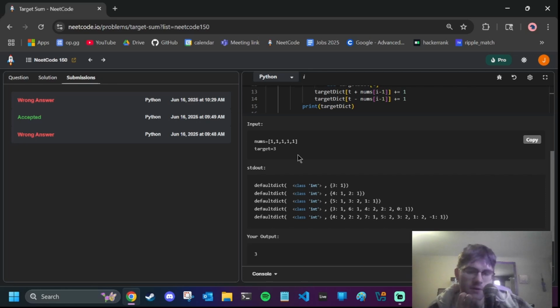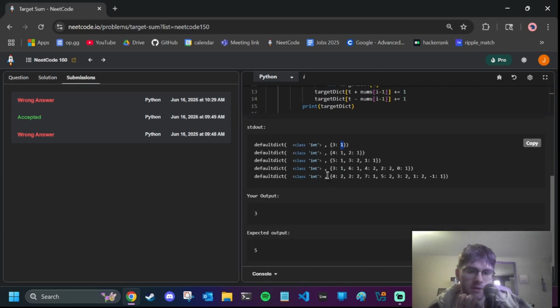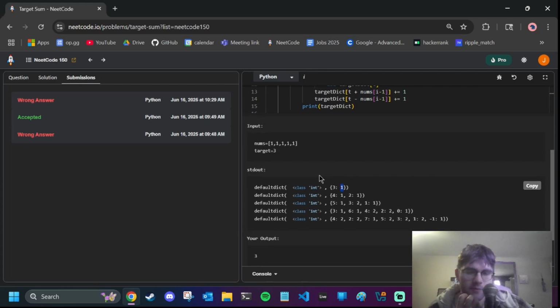Yeah, if you're going to use the target, you can't really decide for it how many. So I wonder if what this code is doing is assuming that there's only one way to get there. No, it doesn't make any sense.